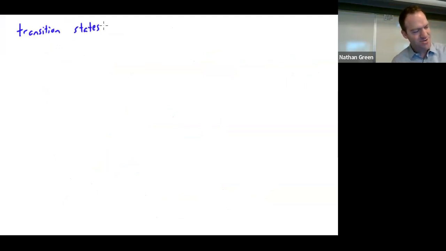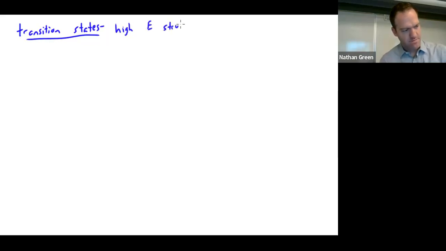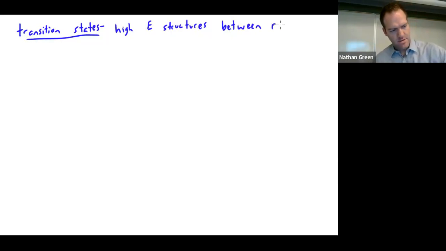Transition states are high energy structures between reactants and products.